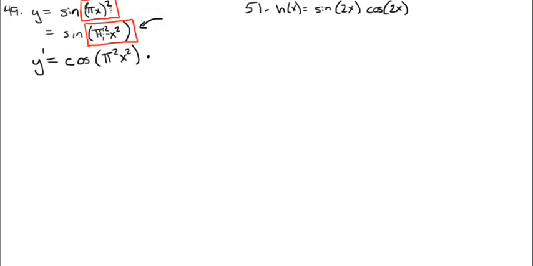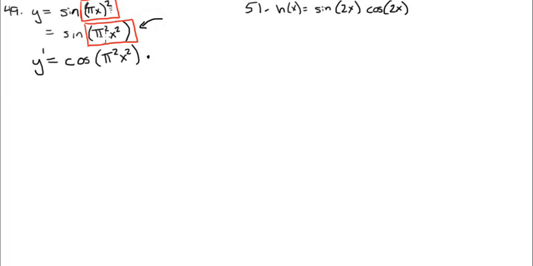So 3 squared is 9. So this is kind of like the problem 9x squared, right? So what you would do is you would take the derivative of 9x squared, you would bring down the 2, multiply it to the 9, and you would get 18x as the answer, right?